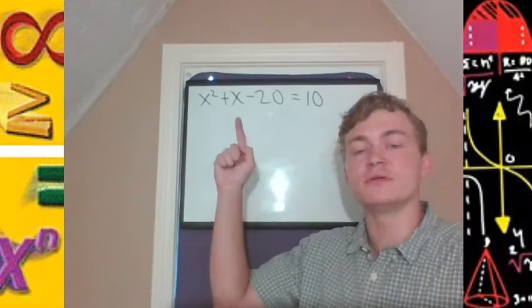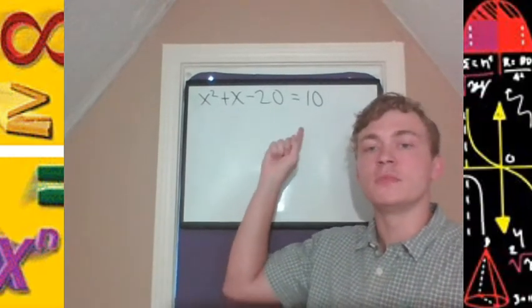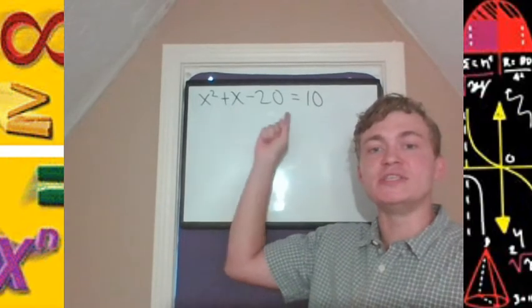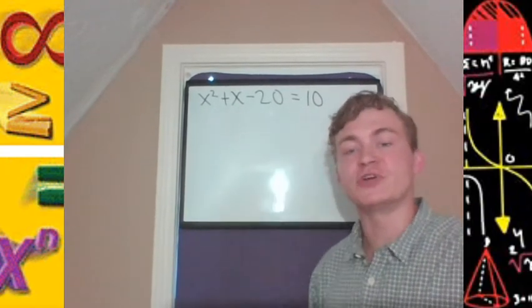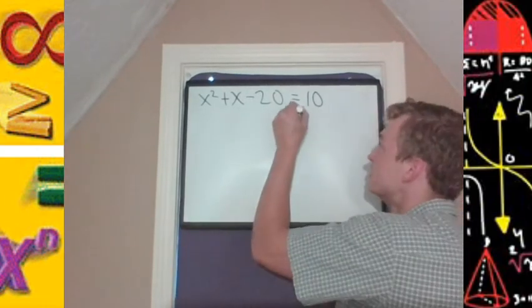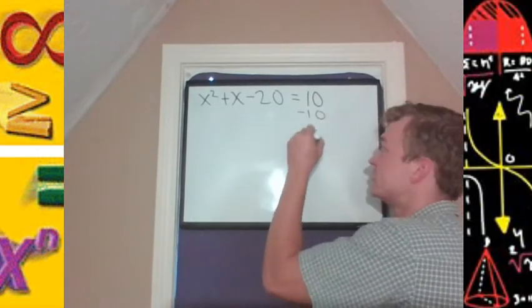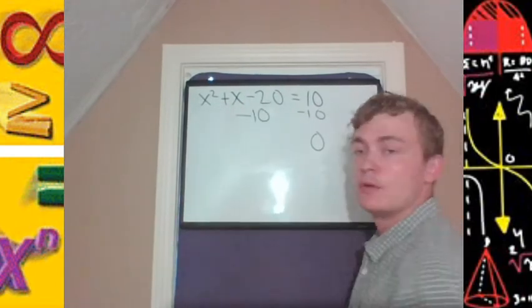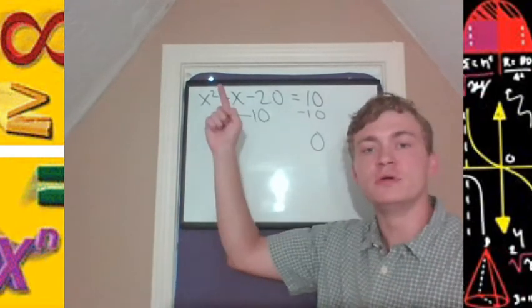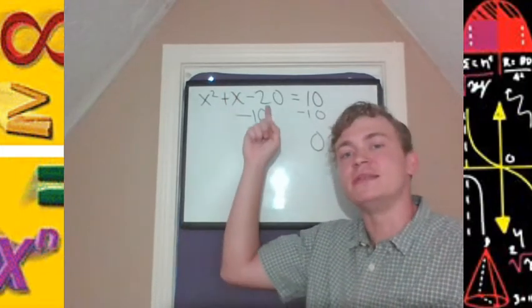Now, this looks familiar, but now what do we need to do? We need to get this equation set equal to 0. We do so by subtracting the 10. If we subtract 10 from 10, this is going to give 0. But I must subtract 10 from over here as well. When I subtract 10 from this trinomial, I'm really just subtracting 10 from this term.